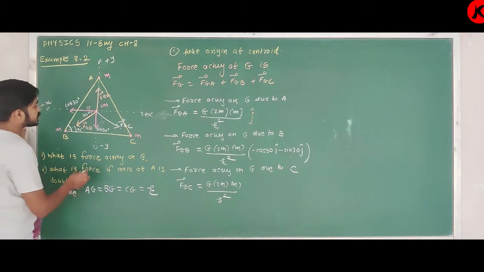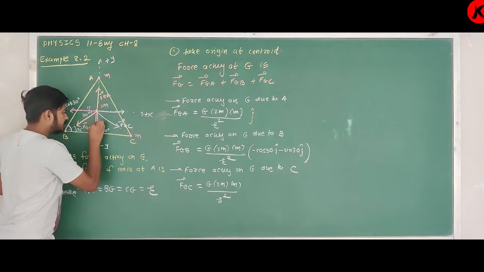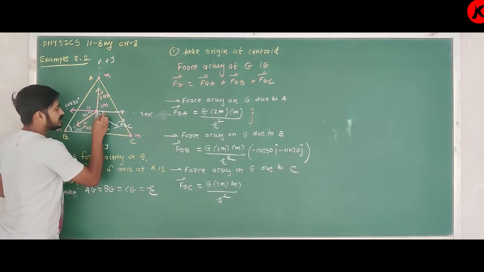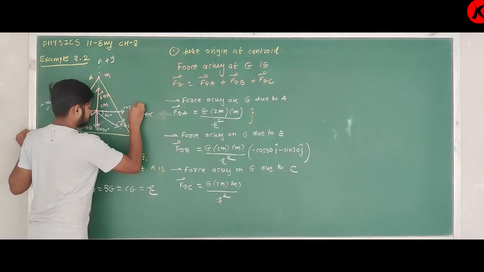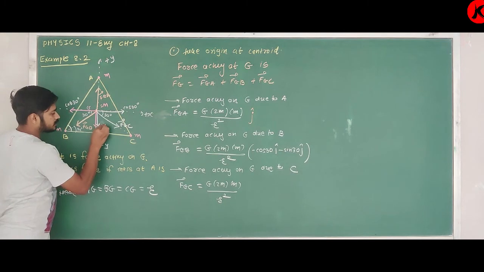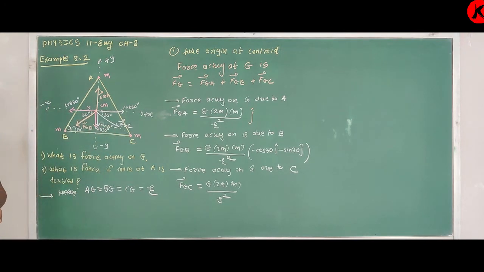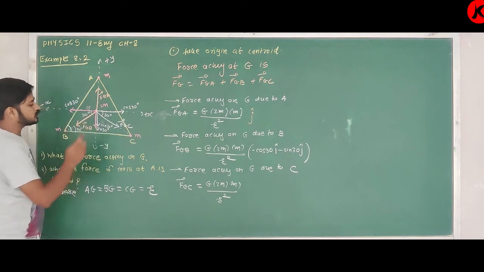Now I will resolve this FGC into components, one in this direction and one in this direction. Again, similarly, if this angle is 30, it becomes the cos 30 component and the sin 30 component. This cos 30 is towards positive x and the other is towards negative y.